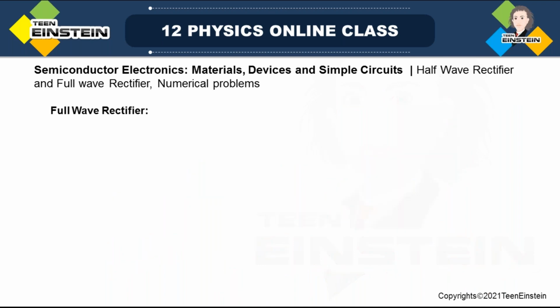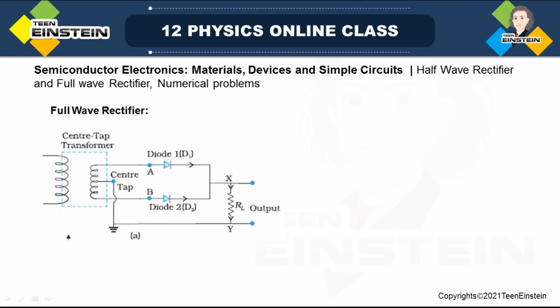Let us see what we do in the full wave rectifier. As I mentioned, the whole wave can be converted into a DC signal. Let us see how we do it.